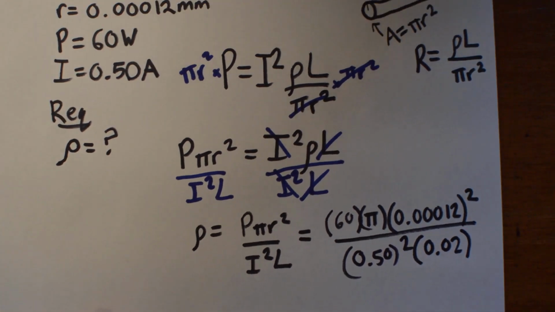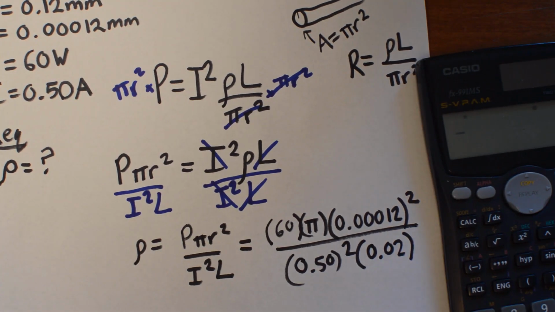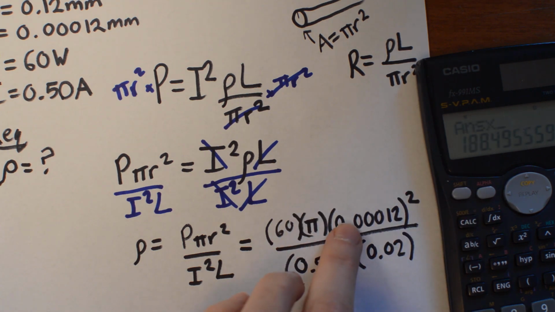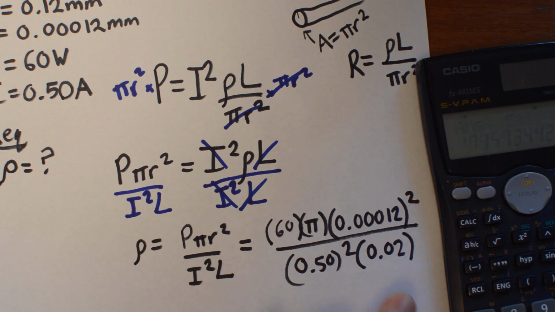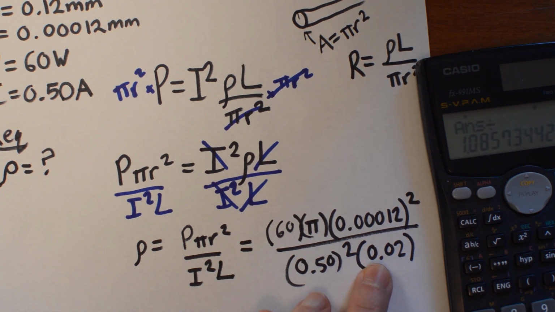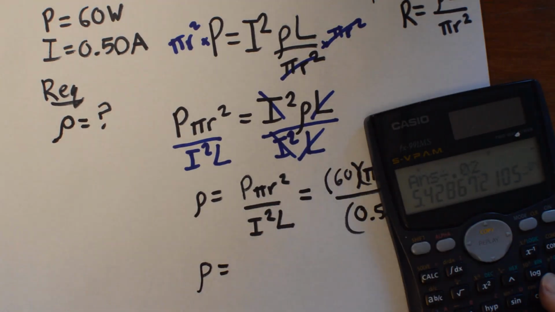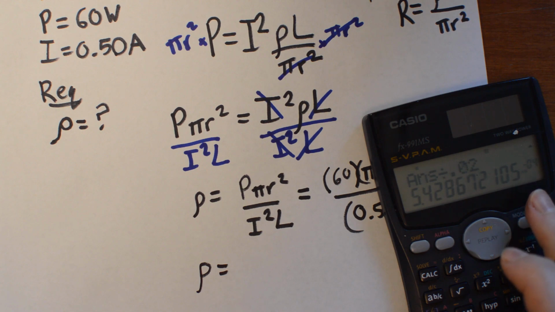Toss that all into your calculator: 60 times pi times 0.00012 squared, divided by 0.5 squared, and also divided by 0.02. And I get a resistivity of 5.4 times 10 to the negative 4.